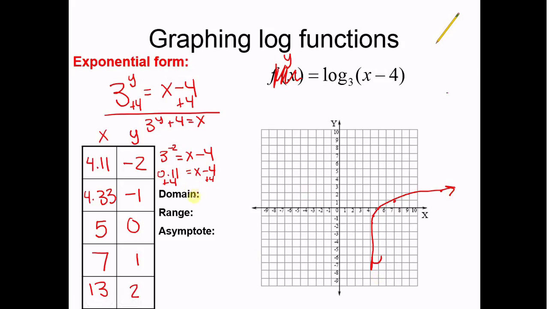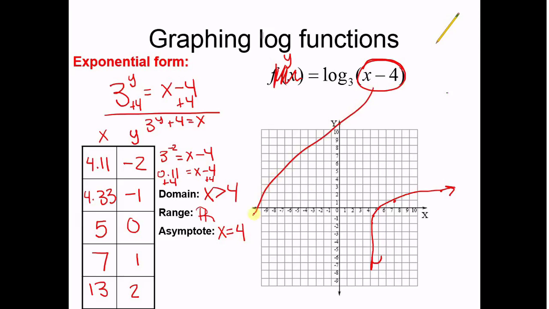Now, domain. What am I not crossing? I'm only bigger than 4, right? So x has to be greater than 4. Your range, I'm hitting all y values. Notice how the graph moved 4 to the right, so my asymptote is x equals 4.